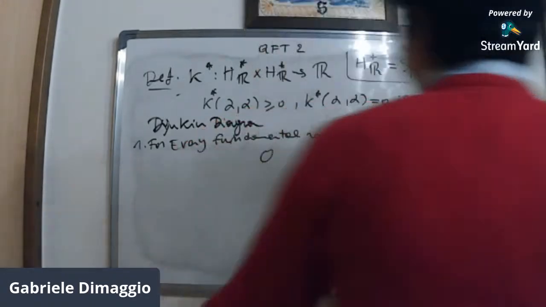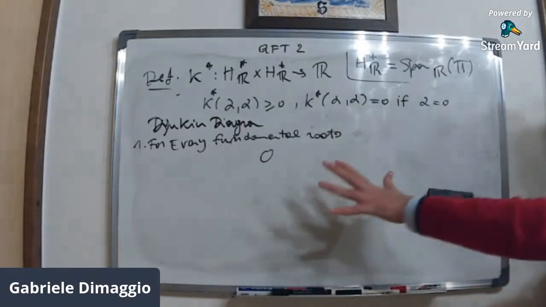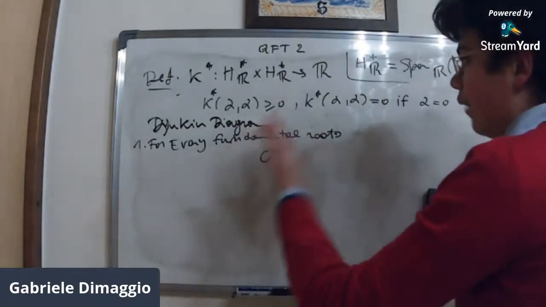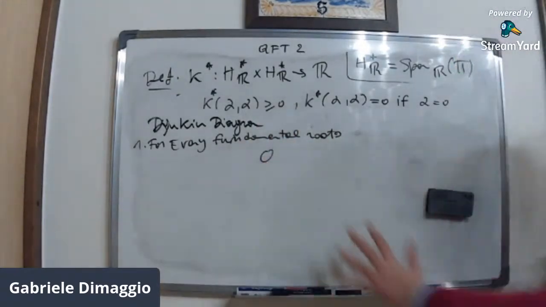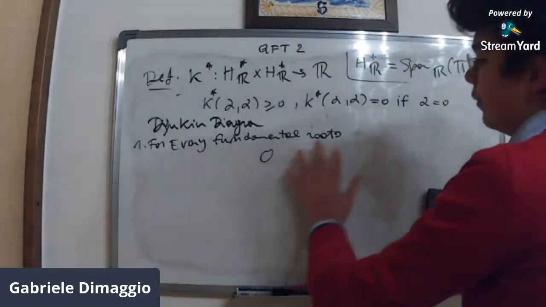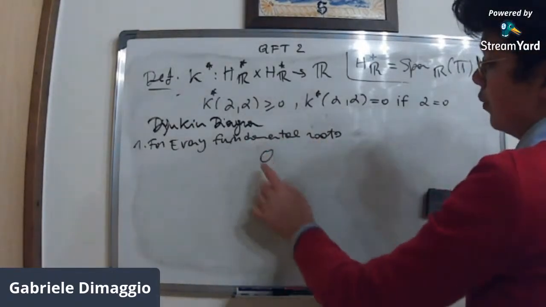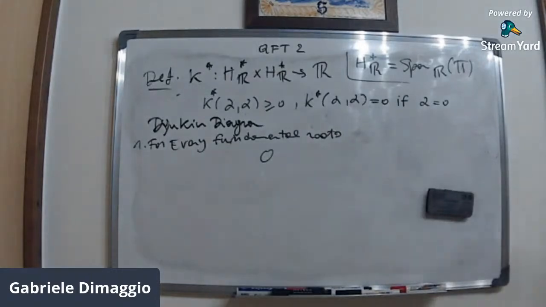So a circle is a fundamental root. Drawing a fundamental root is a circle. So we represent a fundamental root with a circle, for every fundamental root.